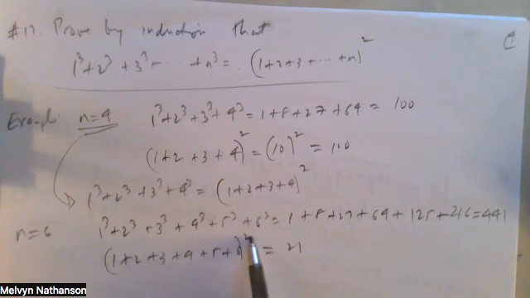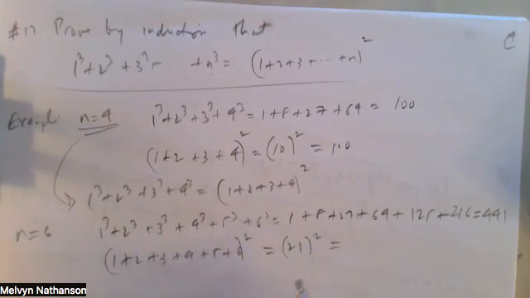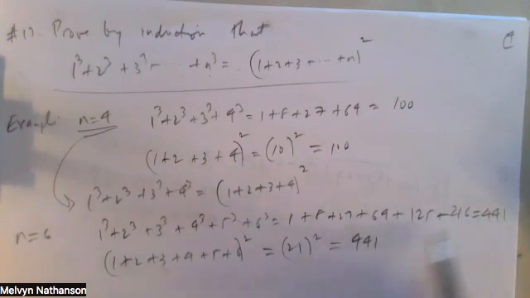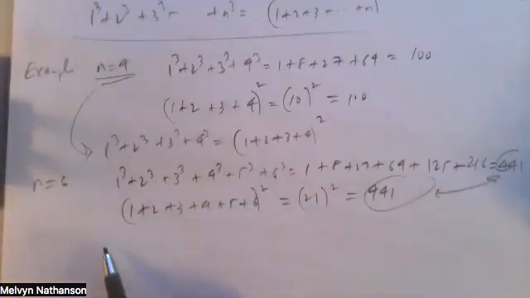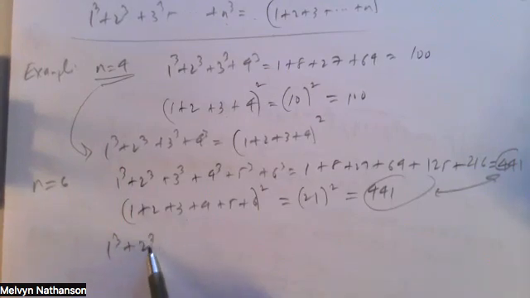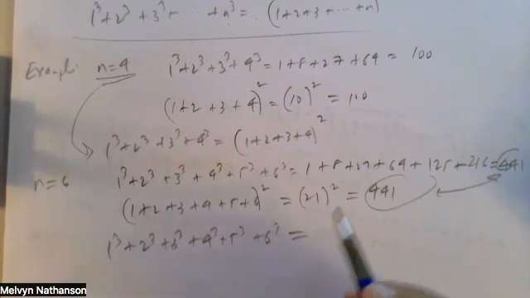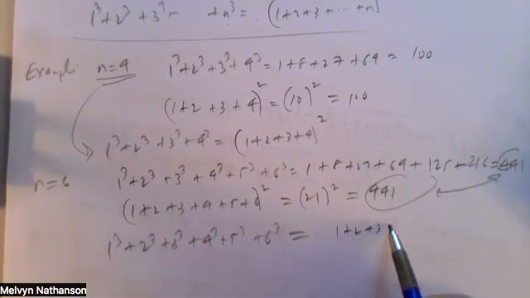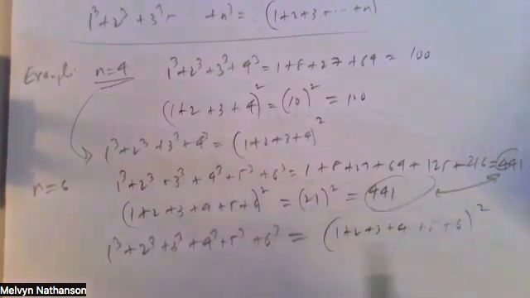So if I square the sum of the first 6 integers, that's 21 squared. What is 21 squared? 441. Exactly the same thing. So 1 cubed plus 2 cubed plus 3 cubed plus 4 cubed plus 5 cubed plus 6 cubed is equal to (1 plus 2 plus 3 plus 4 plus 5 plus 6) squared.